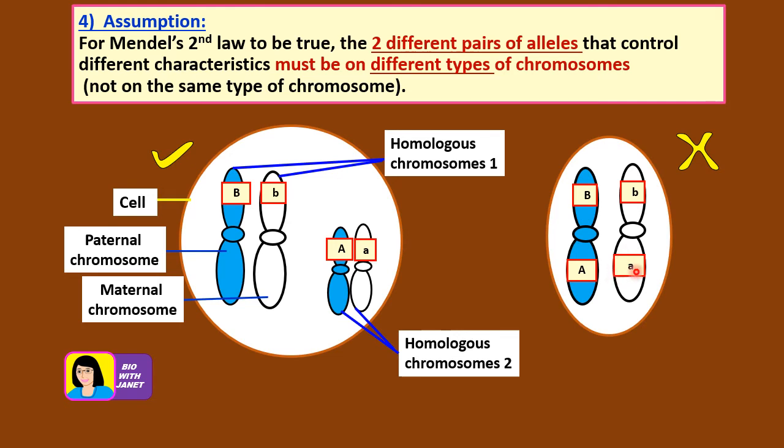Then you may also get the combination where big B is together with small a in the gamete that's formed, or small b with big A. But the probability will not be equal for all the 4 different types of gametes formed, as we have seen for the case where the 2 pairs of alleles are on different types of chromosomes. So for Mendel's law to be true, this is the assumption we have to make, and not this one.